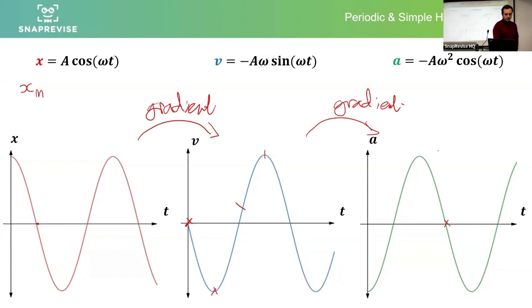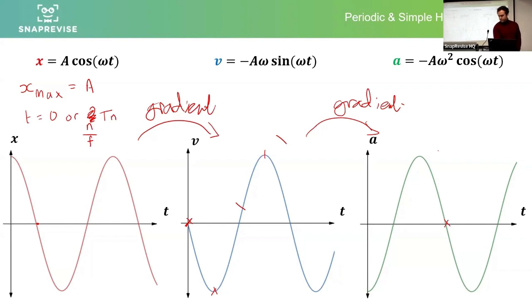Right. So x max equals A, and that is at t equals 0 or 1 period, or a whole number of periods. I could rewrite that as n over f.